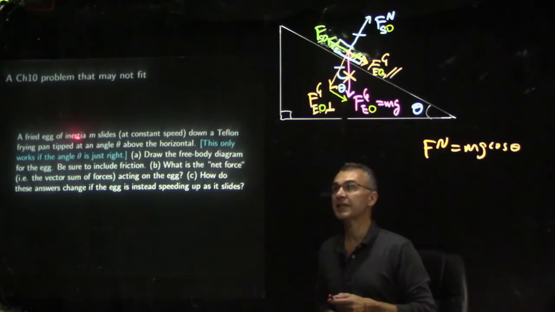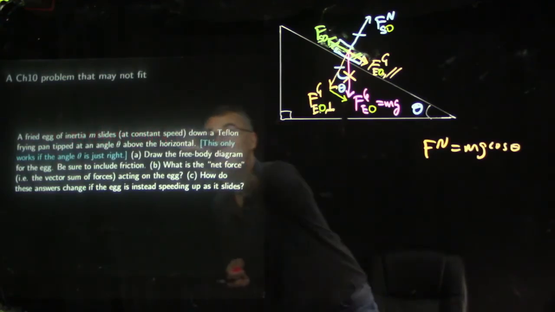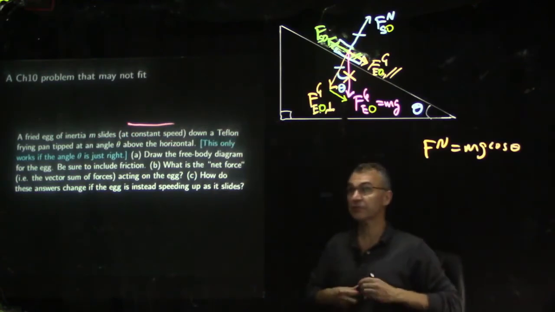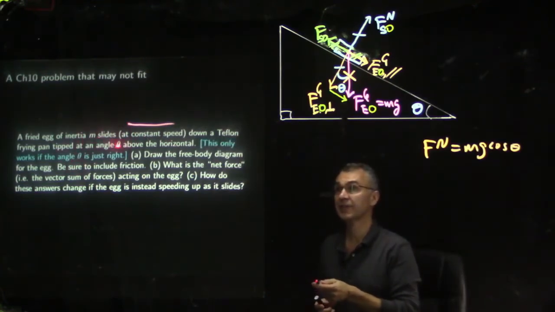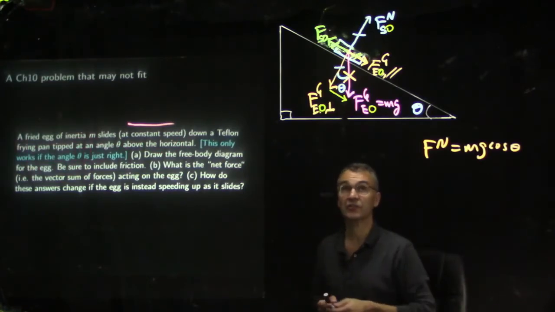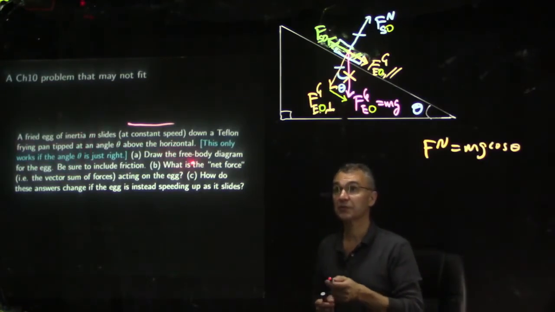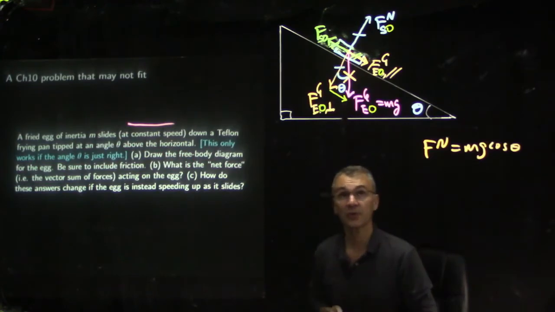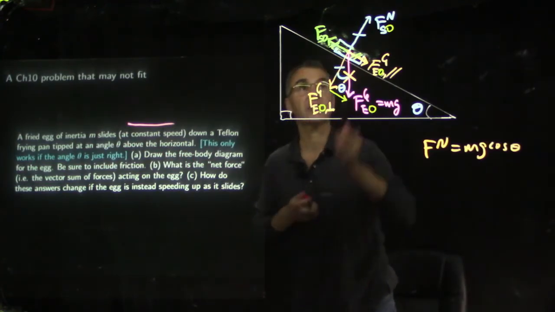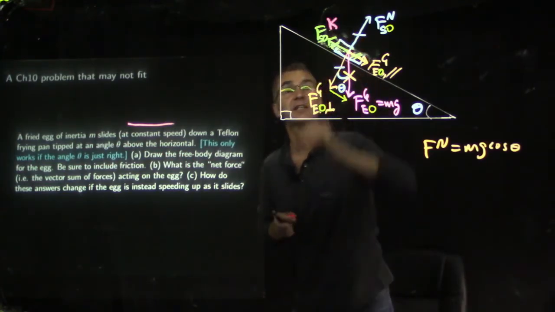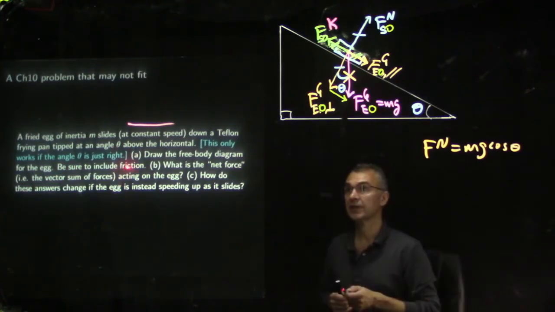A fried egg of mass m slides at constant speed down a Teflon frying pan tipped at an angle theta above the horizontal. By the way, this only works if the angle theta is just right. Draw the free body diagram for the egg. Well, it so happens that we already have it, except that we have to call this kinetic friction. What is the vector sum of forces acting on the egg?